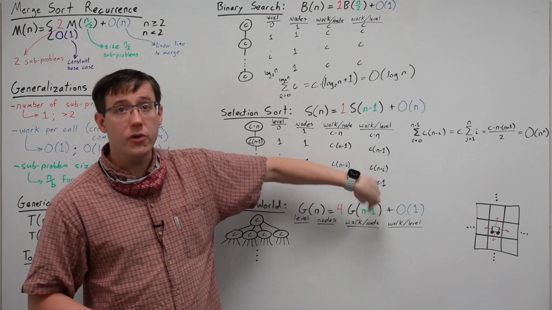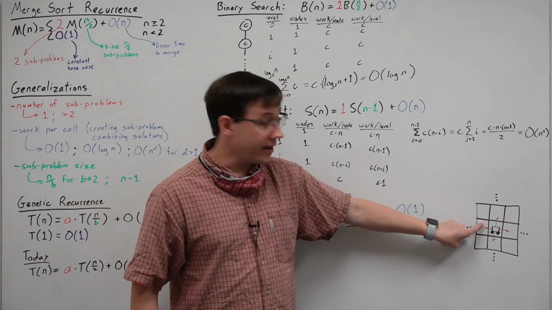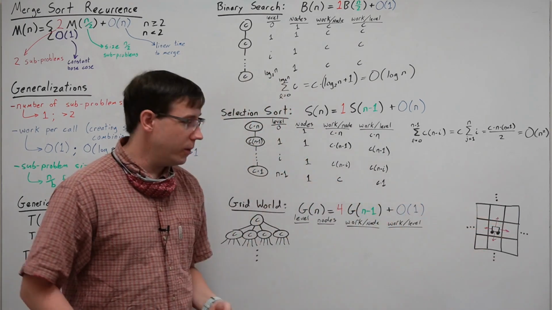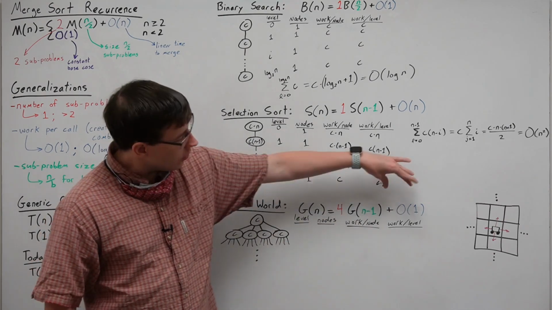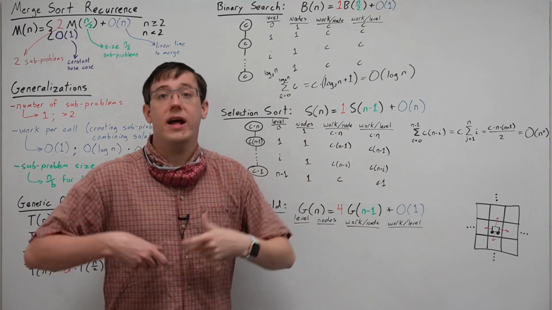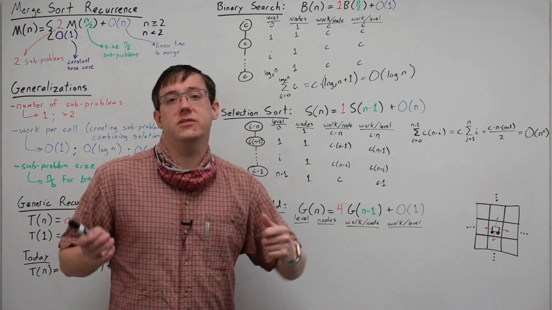And if we need to separately build plans for what if our first action was left, or up, or right, or down, then we would have 4 recursive calls. And there's also some work that we need to do to actually evaluate each of those plans, but for now we'll suppose that that's constant time.